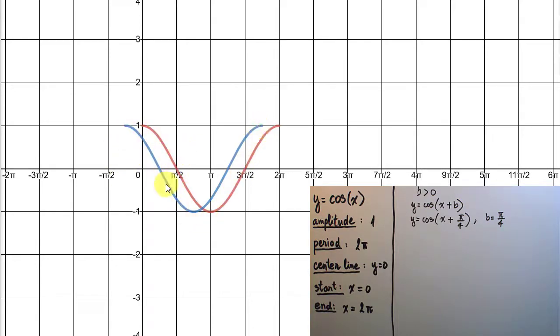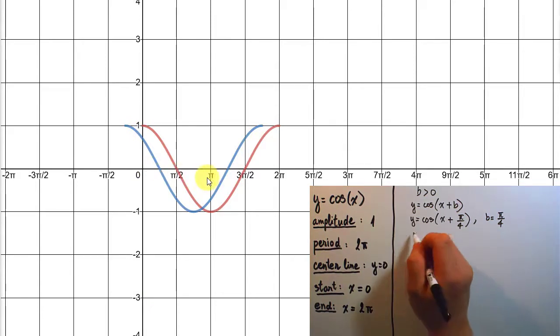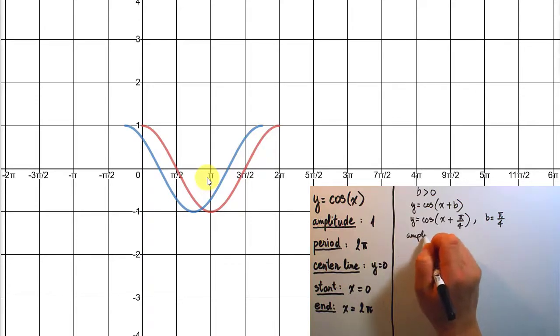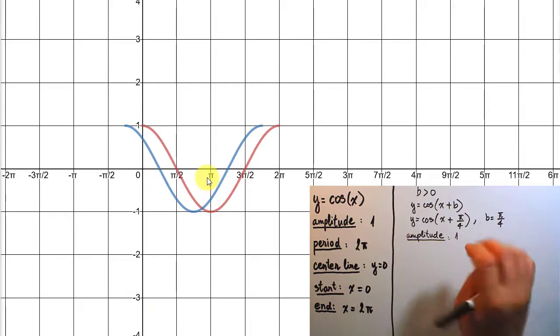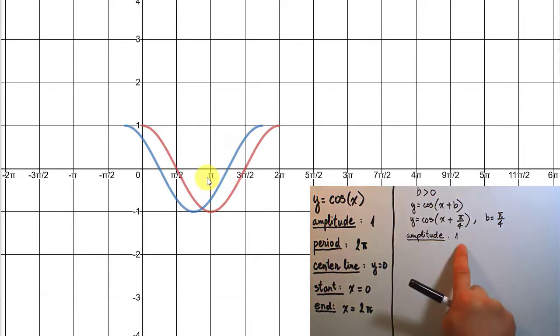As for amplitude, this wave in blue hits as high as 1 and as low as -1, exactly the same as our red curve. So our first understanding is that the amplitude remains the same as the original cosine of x, amplitude being 1.